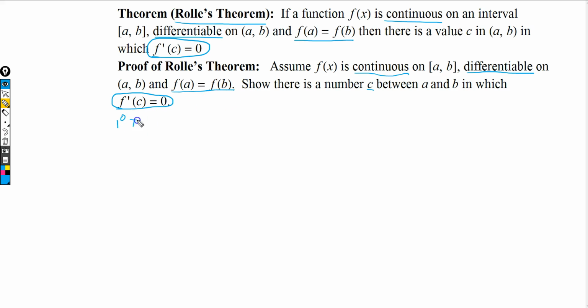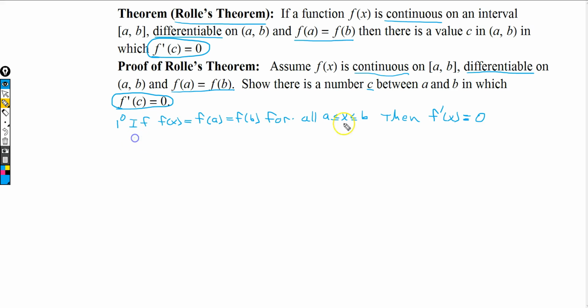So if f of x equals f of a, which is equal to f of b because that's given, for all x between a and b, well then f of x is constant, and so then f prime of x will equal 0 for all x between a and b, right? Because the derivative of a constant function is equal to 0.